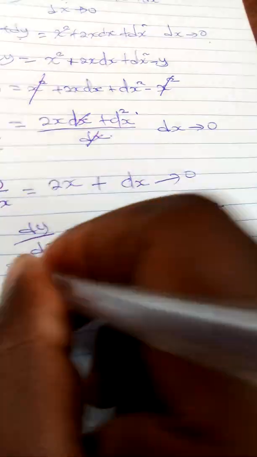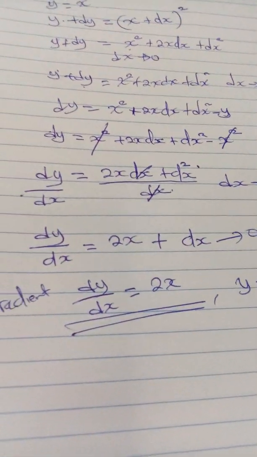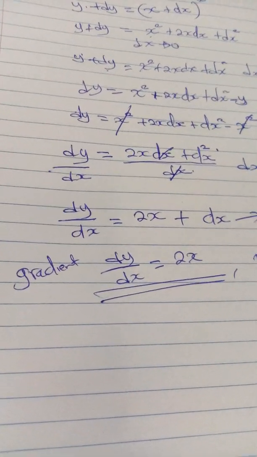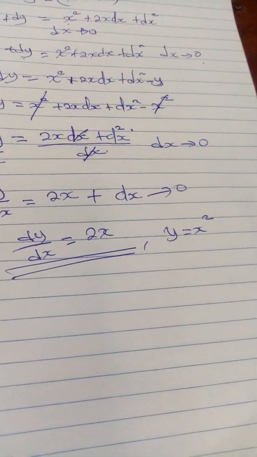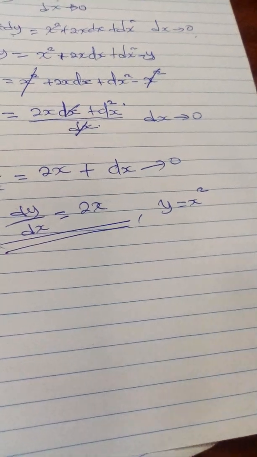So this is the derivative, the gradient: the derivative dy over dx is equal to 2x when y is equal to x squared.